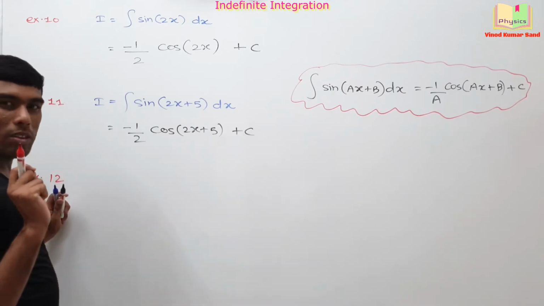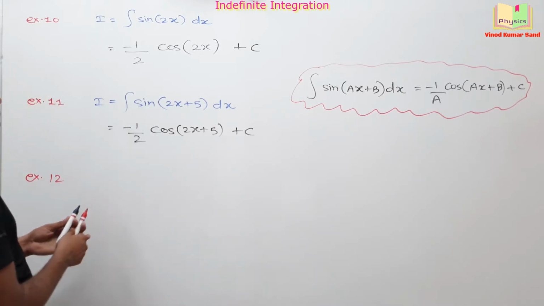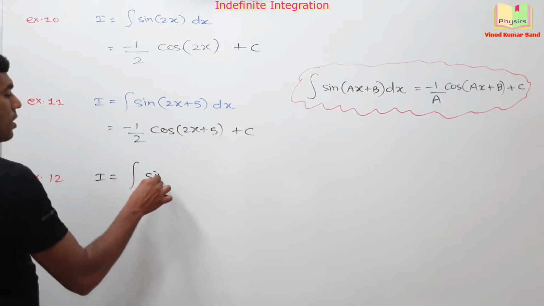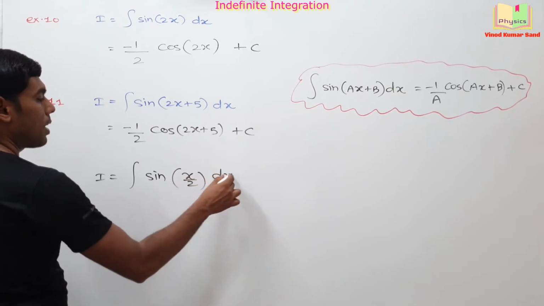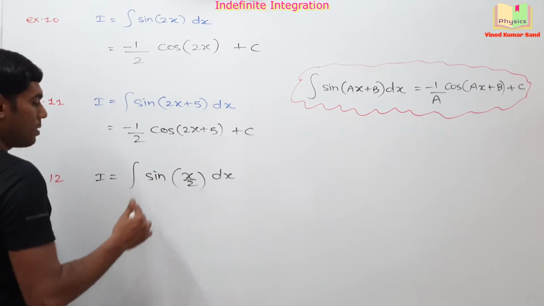See, if you remember the formulas, you can solve numerous examples very easily. Suppose someone is asking you sine x by 2, you have to integrate with respect to the variable x. Give it a try. It's simple thing actually.